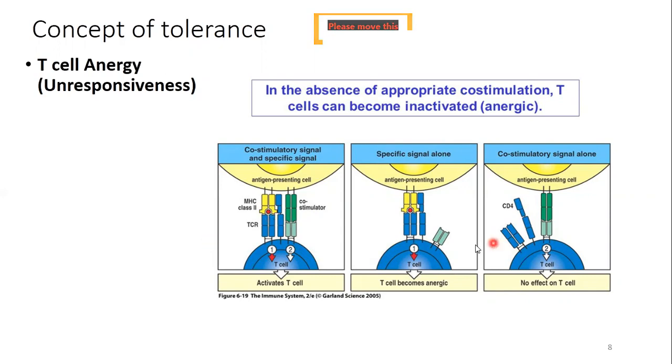So this is how the cell becomes anergic. When does this happen? We said presentation of antigen, for example, by an immature antigen presenting cell, or presenting self antigens by cells other than immunocytes. This process happens naturally in our body.